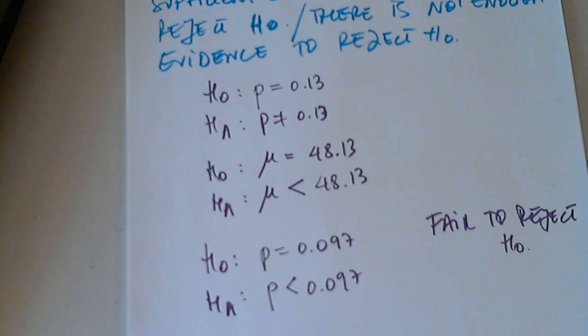Number 17. If we do not reject the null hypothesis, so we fail to reject the null hypothesis, is it valid to say that we accept? No. We have only shown that we do not have enough evidence to reject it.